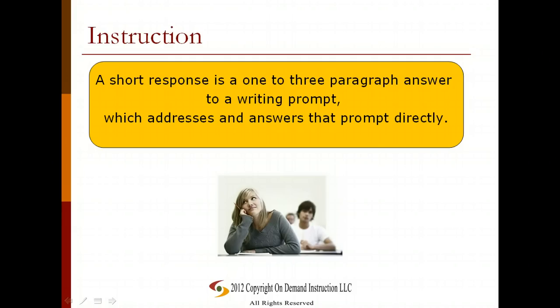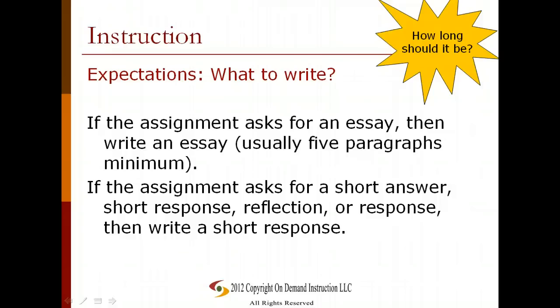So a short response is a 1 to 3 paragraph answer to a writing prompt. It needs to address and answer that prompt directly. In terms of expectations, one of the first things you're going to look at is trying to decide what it is that you're supposed to write. Let's say that you're in class, you're given a prompt, and you look over that prompt.